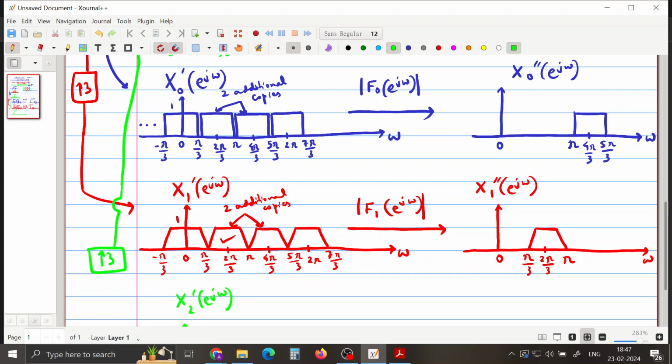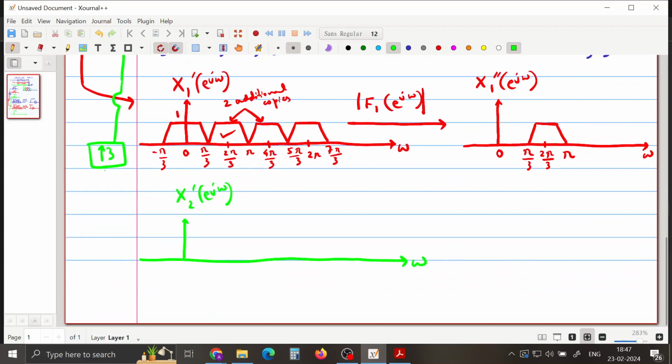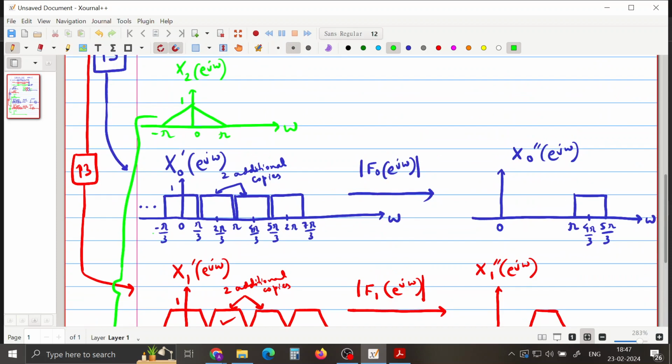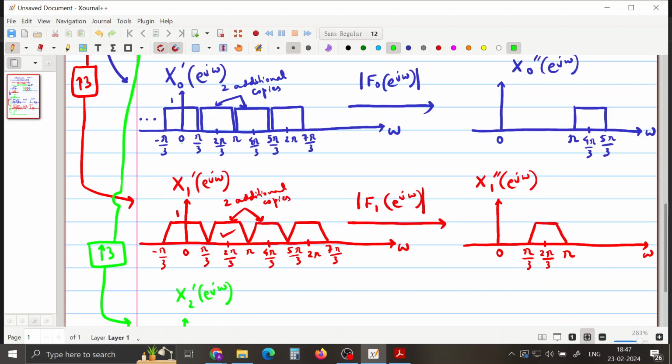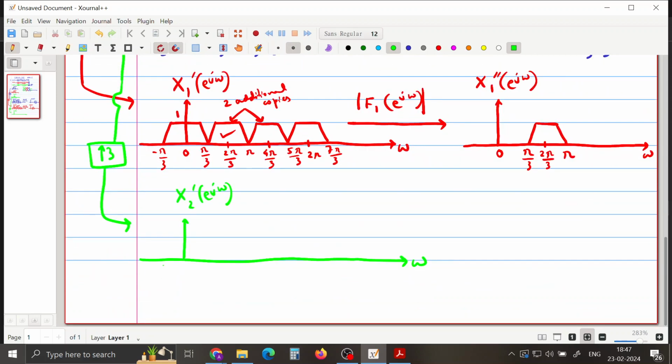To produce this x2 prime of n, or the spectrum corresponding to it. So again the same thing we'll be doing. This time the shape is just different. It's a triangular function from minus pi to pi.